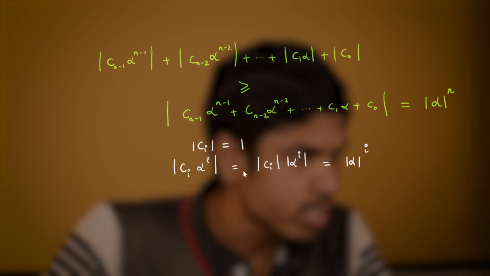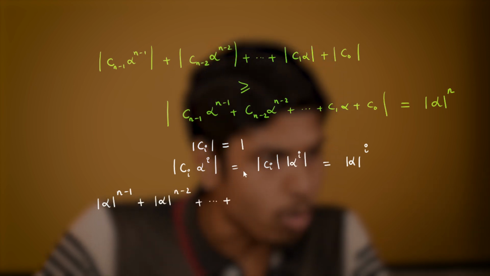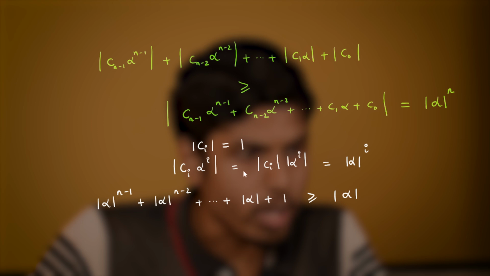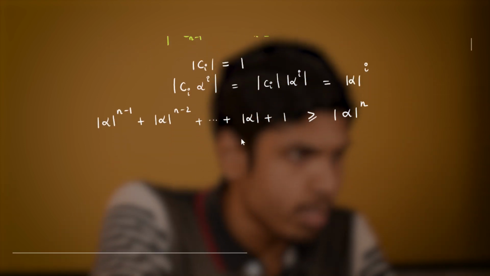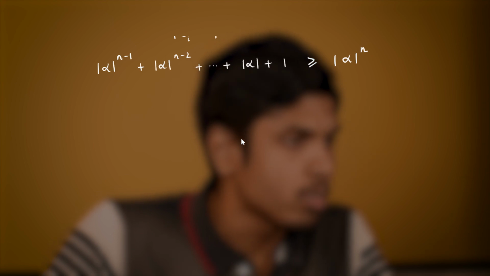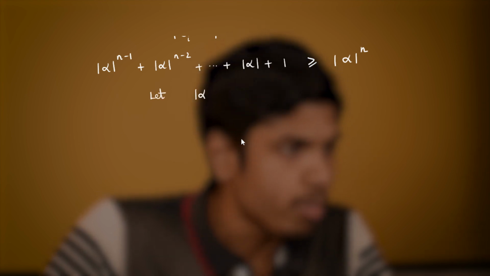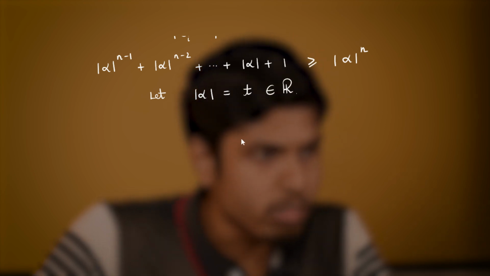And now just replace it with mod alpha^{n-1} plus mod alpha^{n-2}, and so on till mod alpha plus 1 being greater than or equal to mod alpha^n. All right. So let mod alpha be equal to t. So clearly t belongs to the positive real numbers.